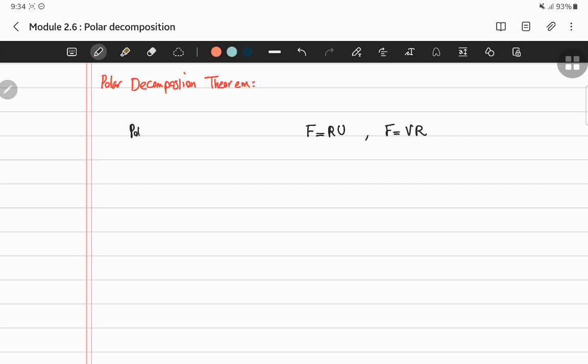This is the polar decomposition theorem.